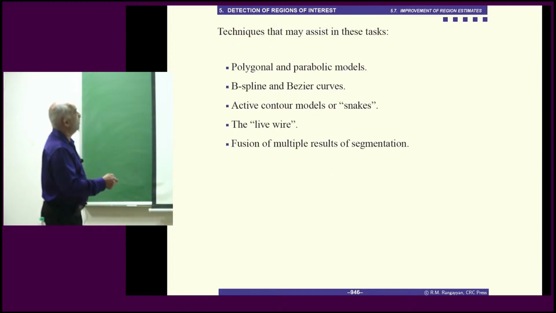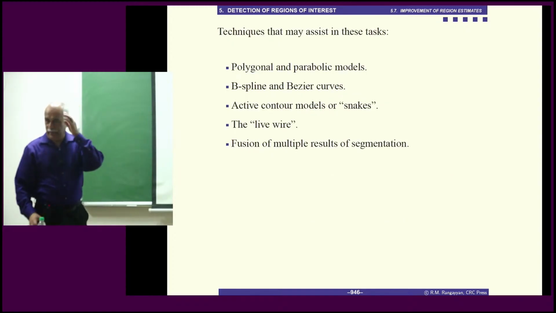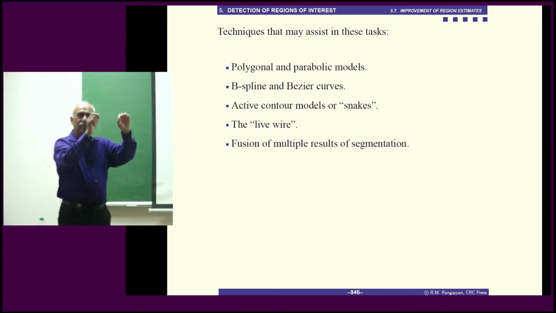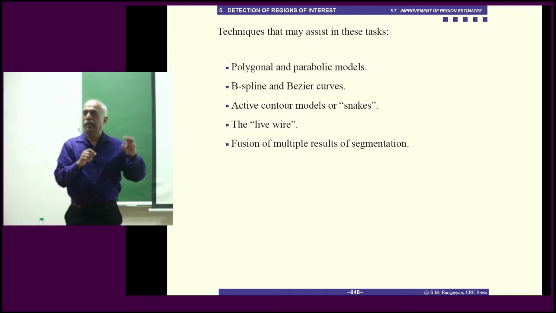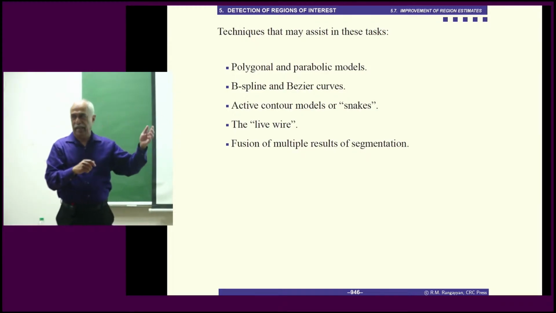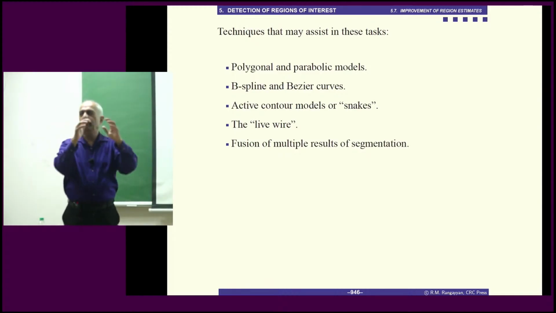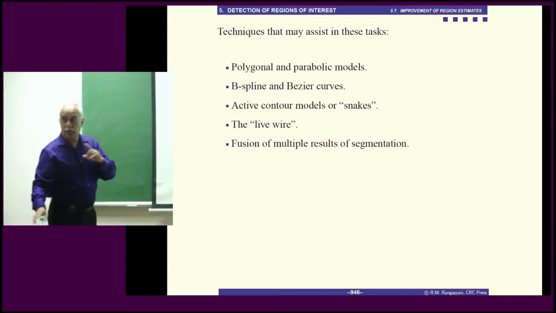So polygonal and parabolic models, you could put a model to this and say, well, there are some minor variations that I don't care for. That could be artifactual due to the imaging conditions, noise, or the accuracy of the algorithm. So I'll smooth over that and fit some curve, maybe a circle, maybe a parabola, whatever is suitable for the application.